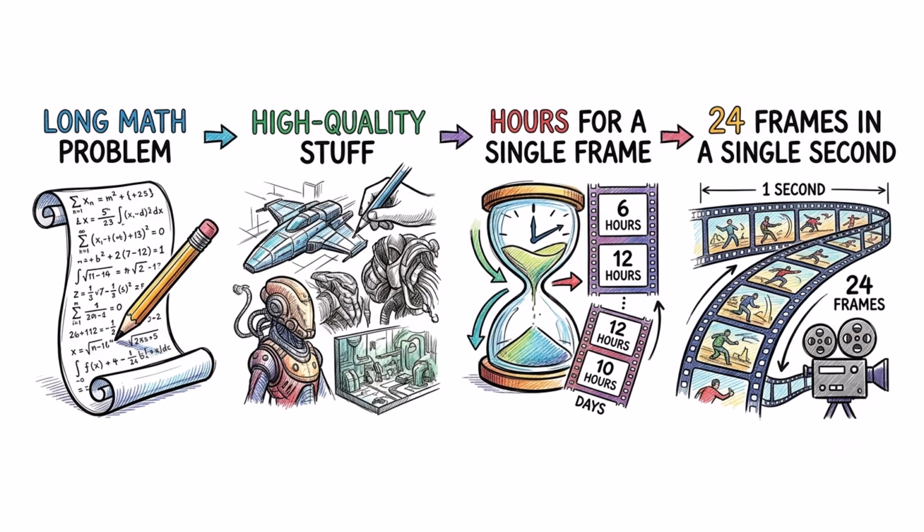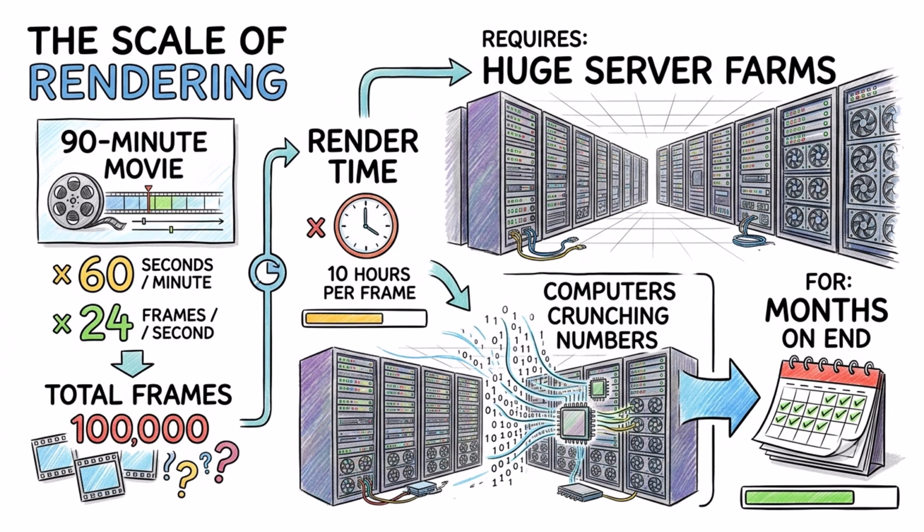It's like a very, very long math problem. And for high-quality stuff, that process could take hours, sometimes days, for a single frame of video. Hours for one frame. And there are 24 frames in a single second of a movie. So you do the math.